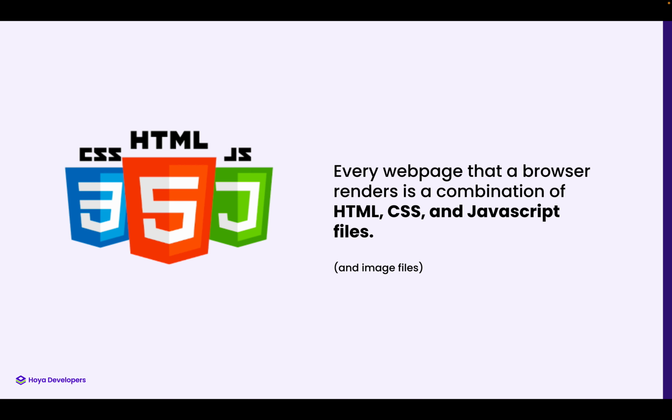Can we make a new language that we can then compile into HTML, CSS, and JavaScript that makes developing easier? The answer is yes, and that's what all of these JavaScript front-end frameworks are. Now this is not true for anything on the server. There are all different kinds of languages that you can write logic in on the server side. But for front-end development, everything that a browser renders is just HTML, CSS, and JavaScript.